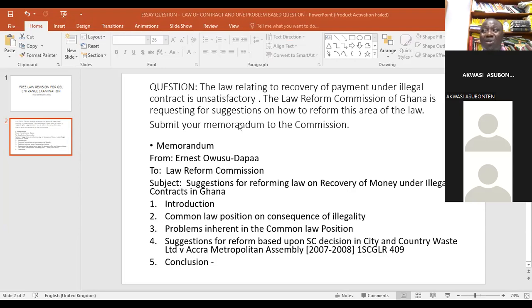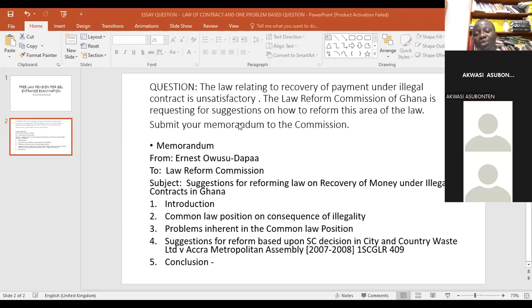So the contract was made not in strict accordance with the procedures or the rules or the regulation which govern award of contract by the Accra Metropolitan Assembly.